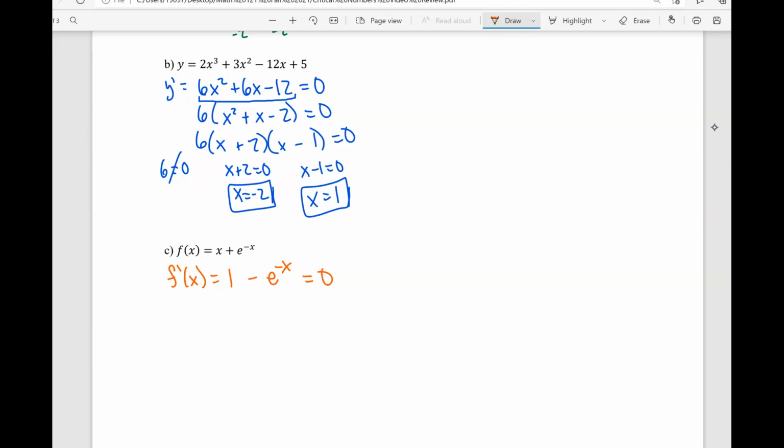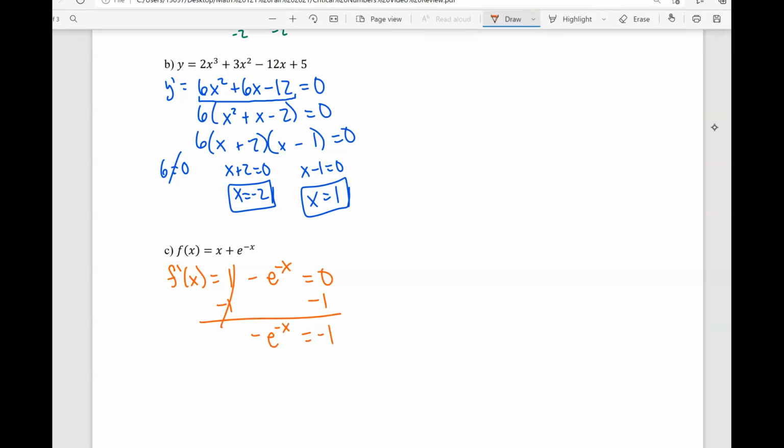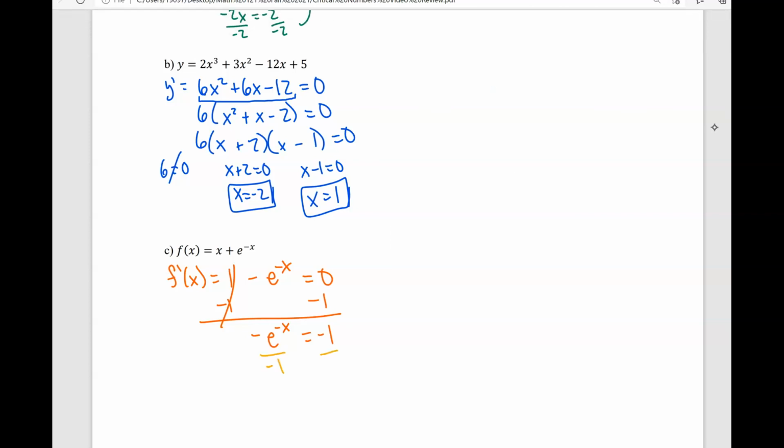And we're going to set that equal to 0. So we're going to minus the 1. Negative e to the negative x equals negative 1. Now we're going to divide by that negative 1. So I'm going to get e to the negative x equals positive 1.